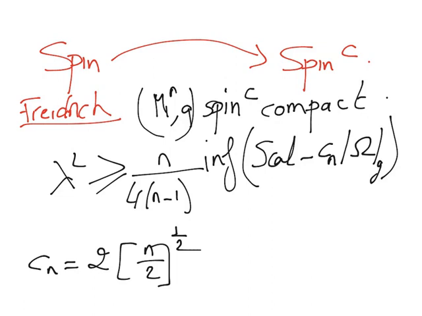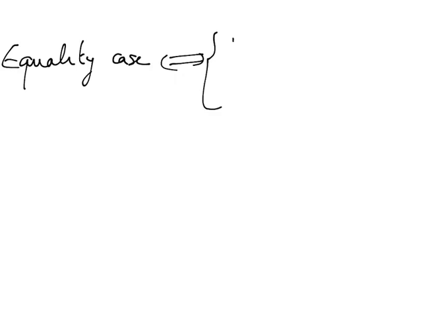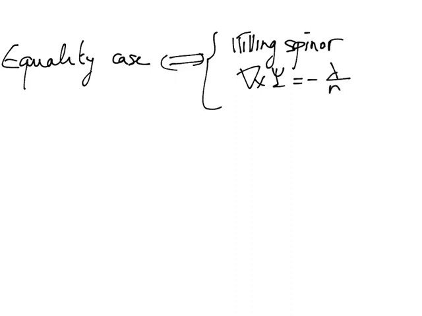And the equality case is characterized, as in the spin case, by the existence of a Killing spinor. It means that you have nabla_X psi minus lambda_n gamma(X) psi, but of course here the nabla is the spin C connection instead of the spin connection, because I have a connection now on the auxiliary line bundle.